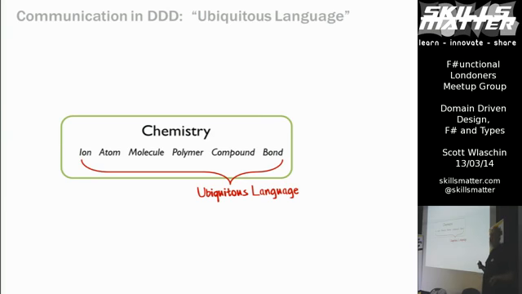One of the things as developers is we come in and we say, we're not going to call it a polymer, we're going to call it a linked list of molecules, because that's how it's represented in the code. And then immediately you start getting disconnect between the chemists say, well, what's a linked list of molecules? And we say, well, that's what it is. And they say, well, isn't that a polymer? And you get disconnect. So the idea of domain-driven design is you use the same words the domain is using. If you have a polymer, call it a polymer. Don't call it a linked list of molecules.